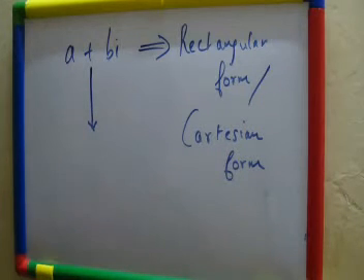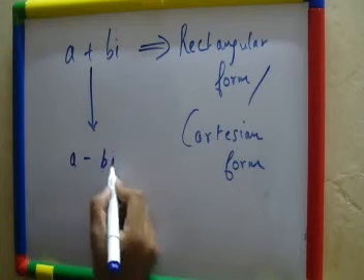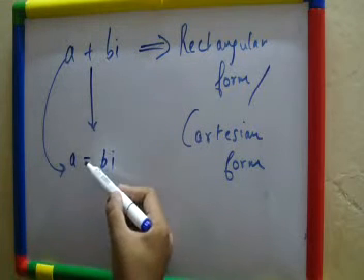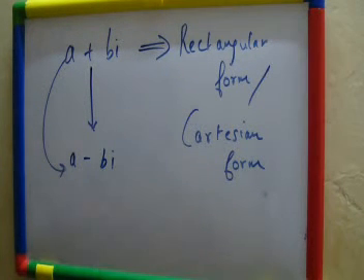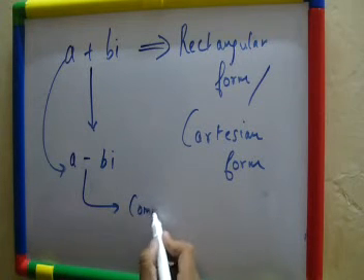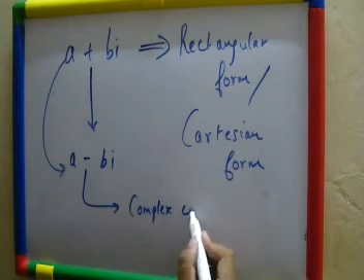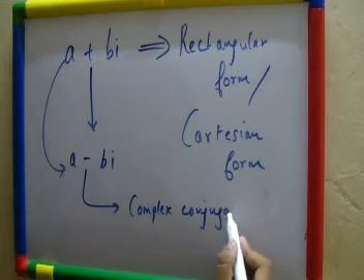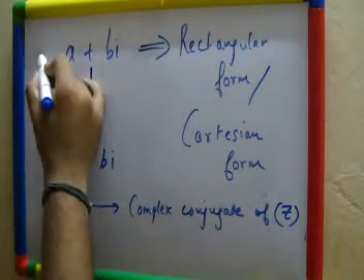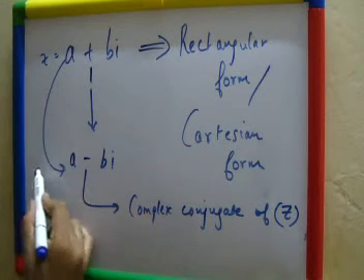So the conjugate of a plus bi is a minus bi, where the real part stays the same but the sign of the imaginary part changes. So this is the complex conjugate of z. If this is z, this is z bar.